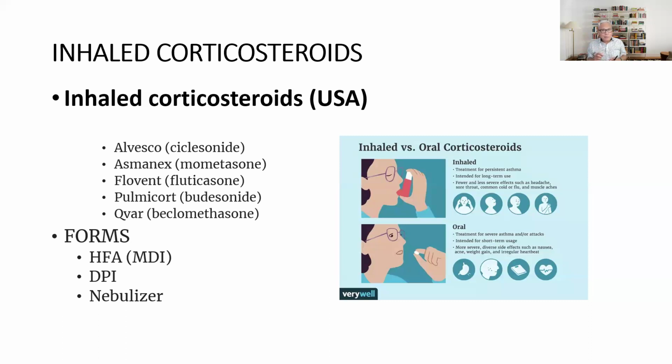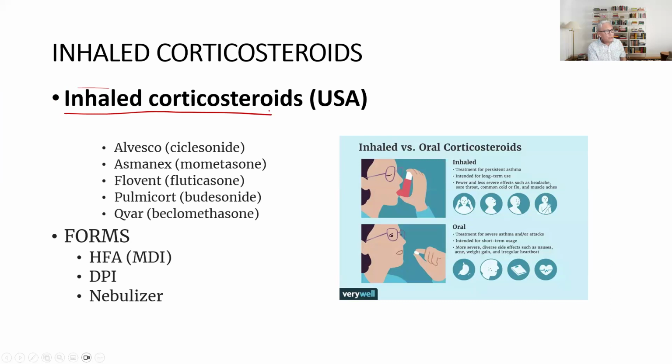And at the same time, they're going to have more side effects. And therefore, they're going to pose a lot of harm as far as long-term use is concerned. So therefore, oral steroids are going to be reserved for severe cases of asthma. All right, so we favor inhaled corticosteroids.